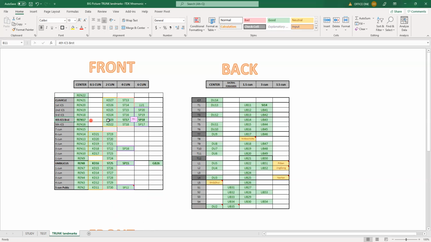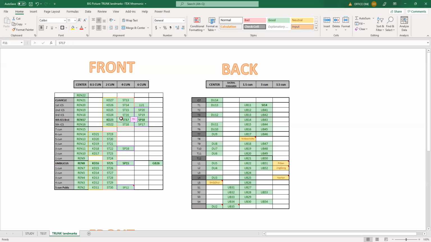We have REN 17, 2 cun lateral we have kidney 23, which I remember because 23 is a special number, it is the back shu point of the kidney in the back, UB 23. So I remember kidney 23 in the front at the level of the nipples. It's important to remember that one.